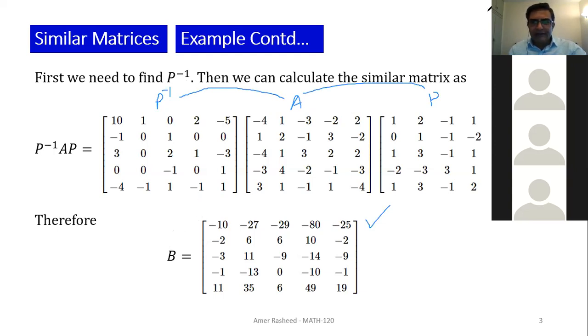If anybody has some question, you can ask me in the chat. There is a question: we are discussing similarity, what are the advantages of similarity? We'll discuss that in the next slides. For now, just see the definition of similarity, when two matrices are similar.